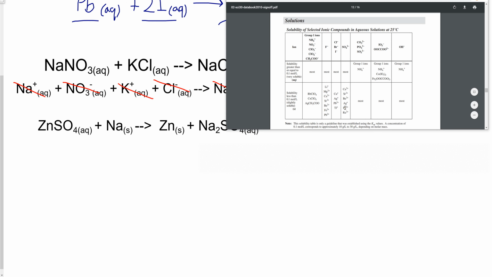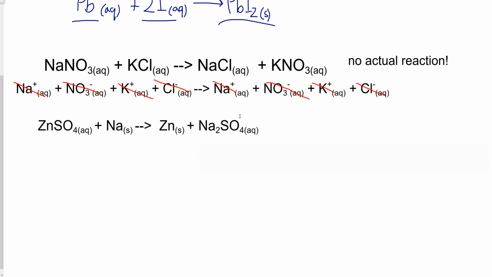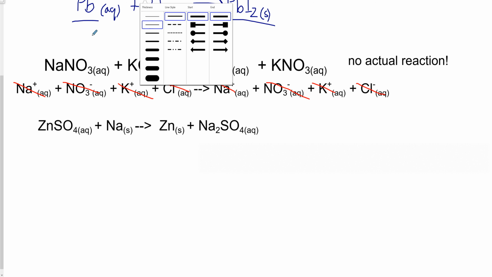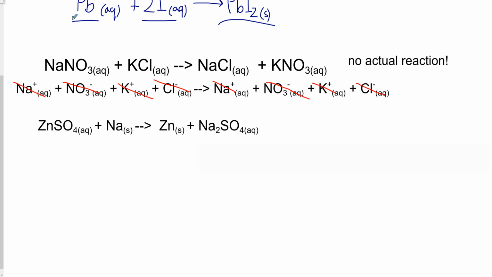So now we're going to write our net ionic equation. And I'm just going to do it in pen because it's a little bit quicker. So we break up every ionic compound. Oh, actually, before we do that, we are going to have to make sure this bad boy is balanced. So we have one zinc, that's good. One sulfate, beautiful.